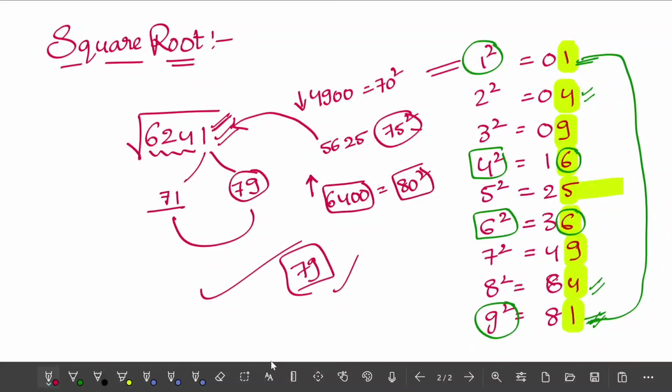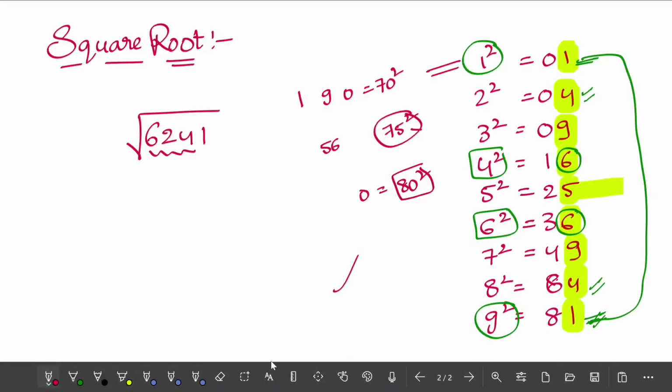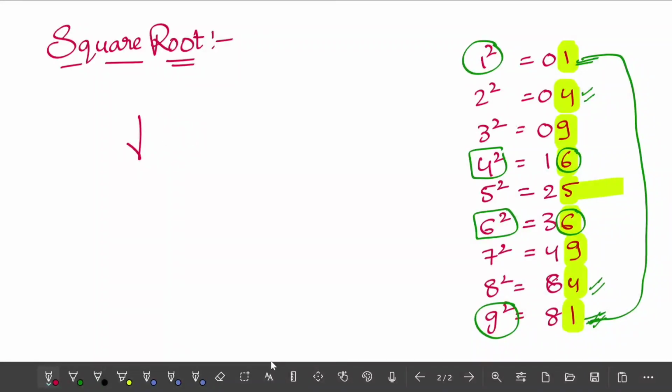It looks lengthy while explaining, but in the examination hall, we don't do it like this. Sir, how do we do it? We do it directly. Let's take another number to understand how we do it in the examination hall. Let's say 5476.